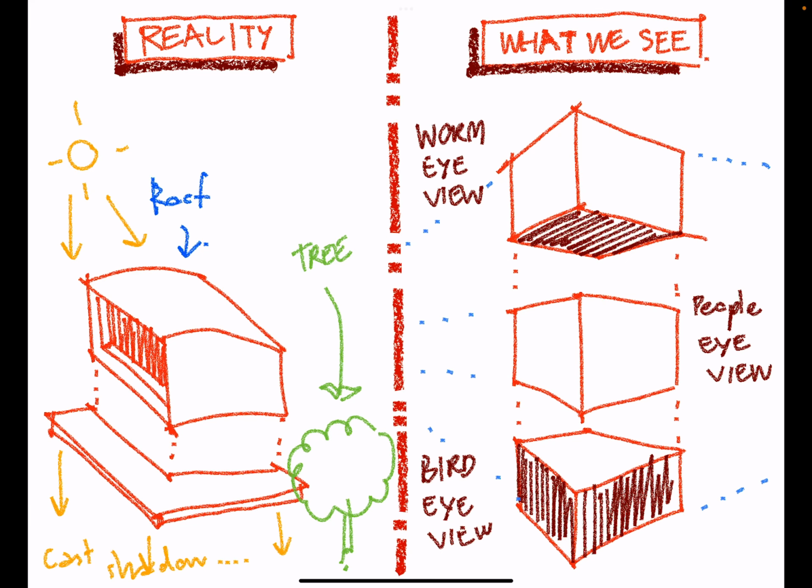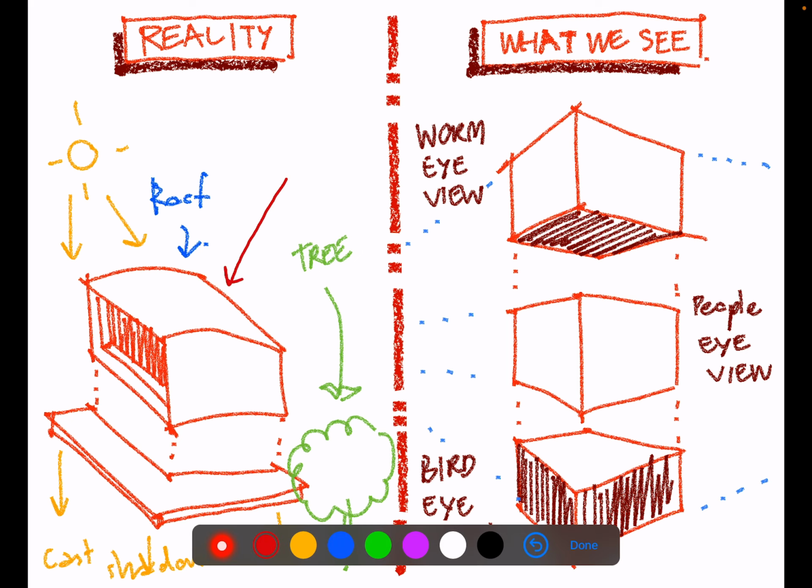Like I told you in the first week, drawing by the eye doesn't mean you have to flood yourself with the reality. Yeah, we know that the building has a roof, has a form, and the lights come this way, blah blah blah. But no, I just want you to draw what you see.